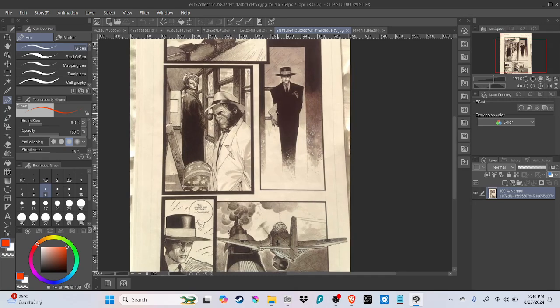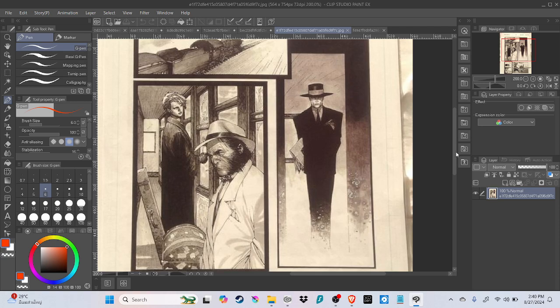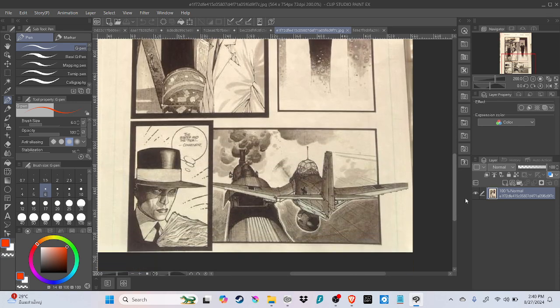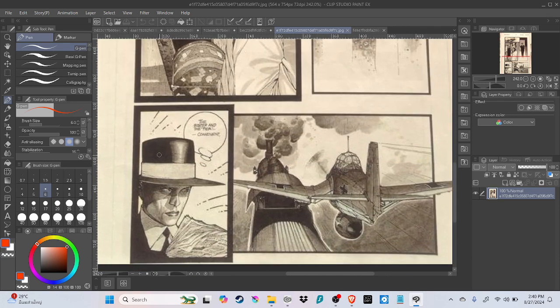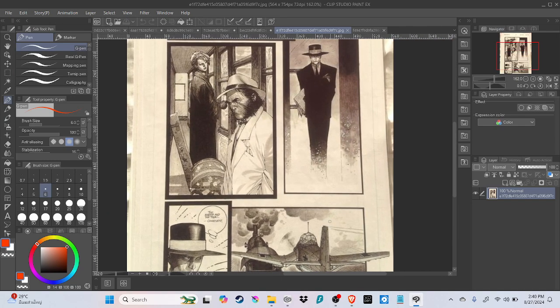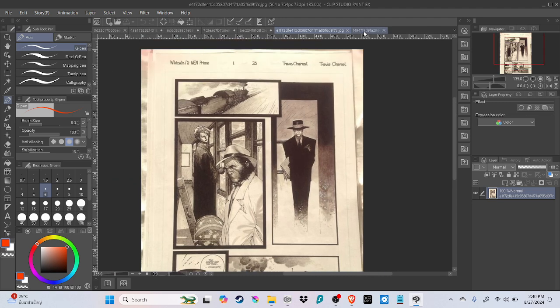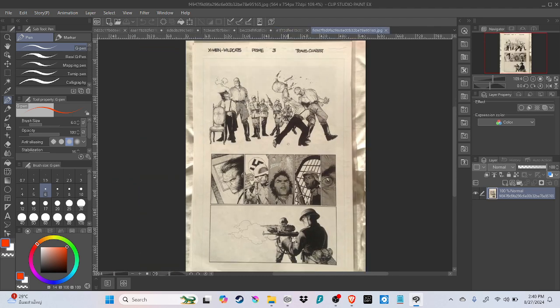I included his links that I was able to find in the description box. Man, I really like this one. I like this figure. I'm curious what this guy's all about. It looks like some sort of World War II story. He's got some beautiful work, man. Totally worth checking out.